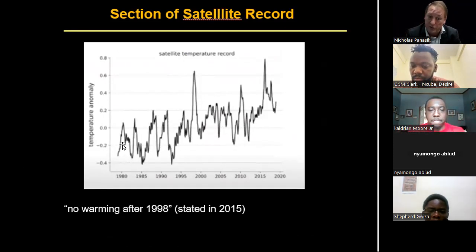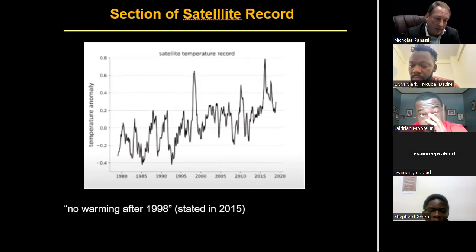But if he had gone further back to the beginning of the satellite data, we'd actually be seeing a trend here, right? We can always pick a warm year and then compare it to a cold year.